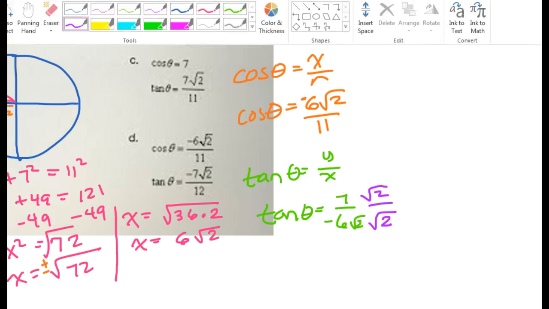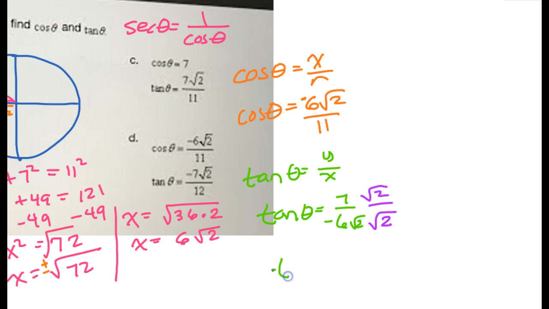So what we end up with when we do this, I'll just put the negative sign in the middle. In the numerator we have 7 radical 2. In the denominator we have 6 times 2, because radical 2 times radical 2 is a regular 2.